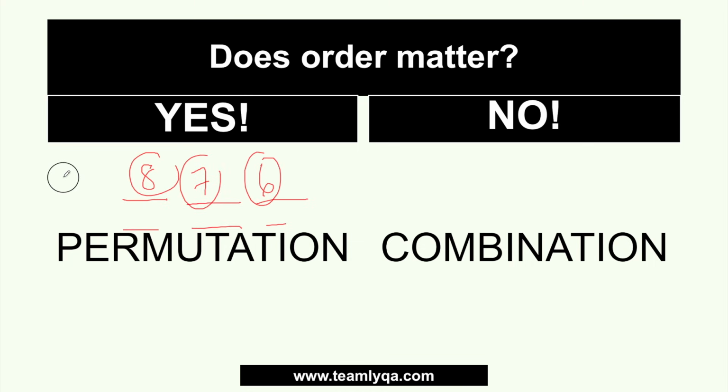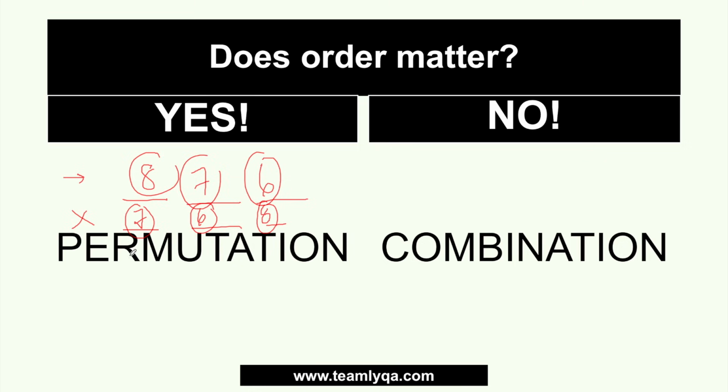For example, kung ito ang code mo sa lock or pin mo sa ATM, kapag ikaw ay nag-enter ng password na 768, kahit sabihin na natin na parehong mga numbers ang nandun, hindi ito pa rin pwedeng maging tamang sagot. In this case, permutation ang gagamitin mo.